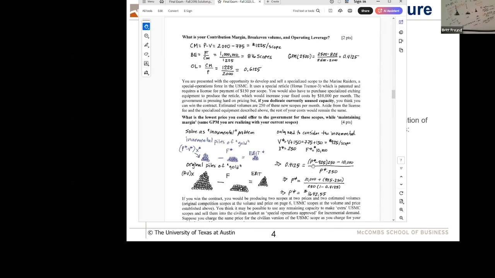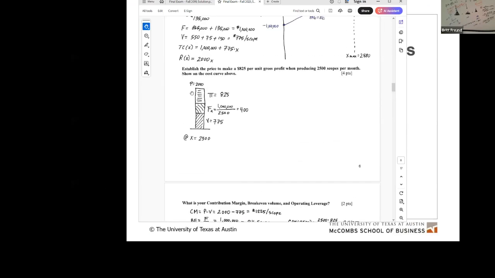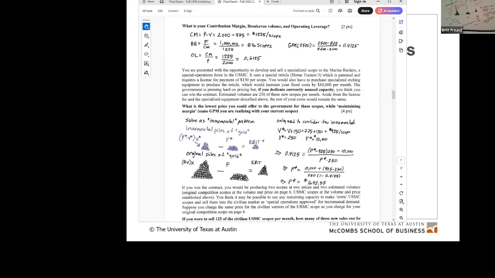I did it incrementally. If you prefer a picture, like here, when I did this, I did a picture rather than doing the algebra. You can do this as a picture, okay? So what would a picture look like? We're going to sell 250 Marine Corps scopes. What are the pieces we have to cover in that 250?